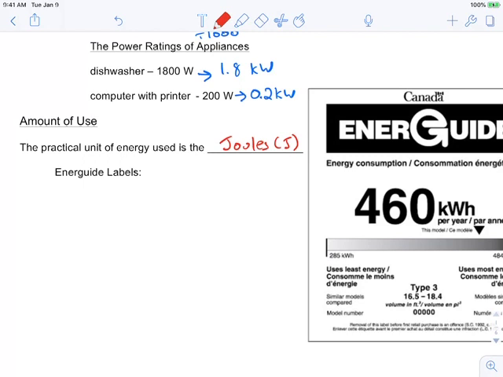So what we do instead is we convert those things into a special unit called kilowatt hours. This is measured in kWh, so that's the symbol for kilowatt hours, kWh. And this is the one you will be using much more.